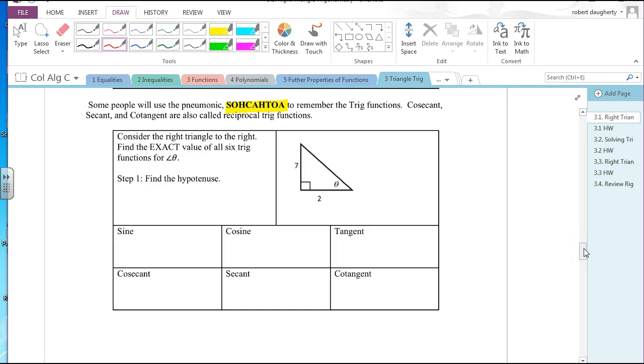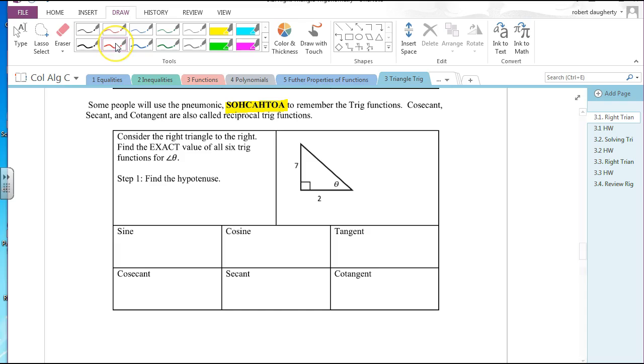So let's look at this right triangle that I have drawn, and let's figure out the value of all 6 trig functions based on this triangle. Okay, so how many sides of the triangle do I know? I know 2. How can I figure out the third one? Yeah, Pythagorean theorem.